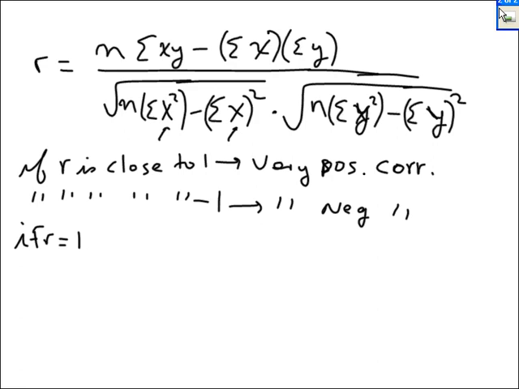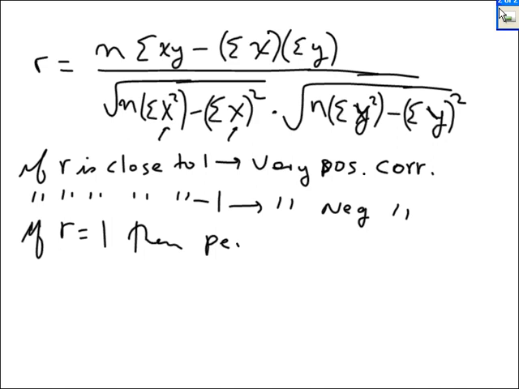If R is equal to 1, you have a perfect positive correlation.